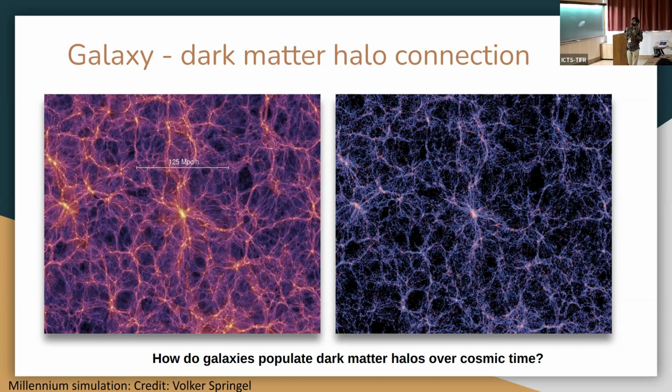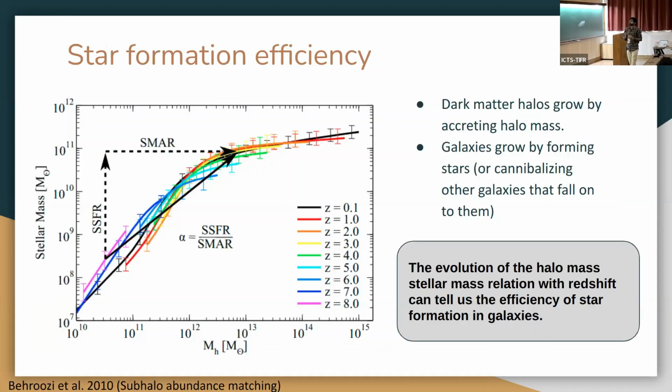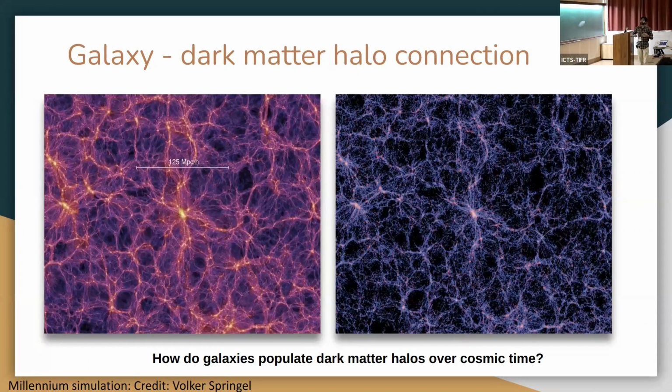So the thing is, we know that dark matter halos are biased with respect to the matter distribution, and the galaxies reside inside the dark matter halos. That is the reason why we use galaxies as traces of dark matter halos. So one question is, how do galaxies populate these dark matter halos as a function of redshift and as a function of the properties of the galaxies themselves?